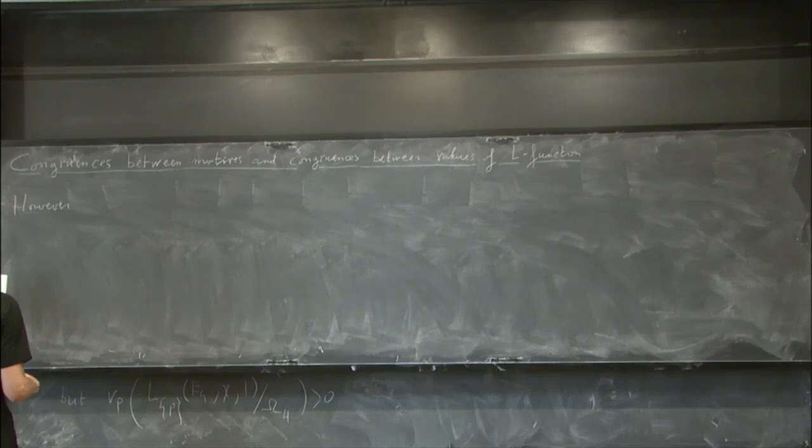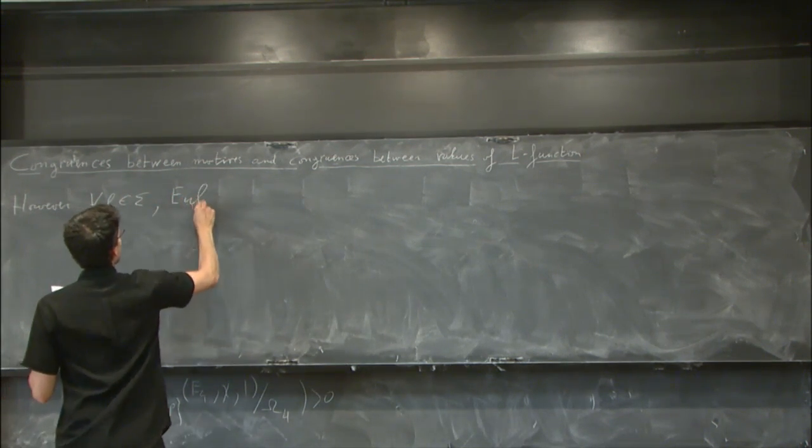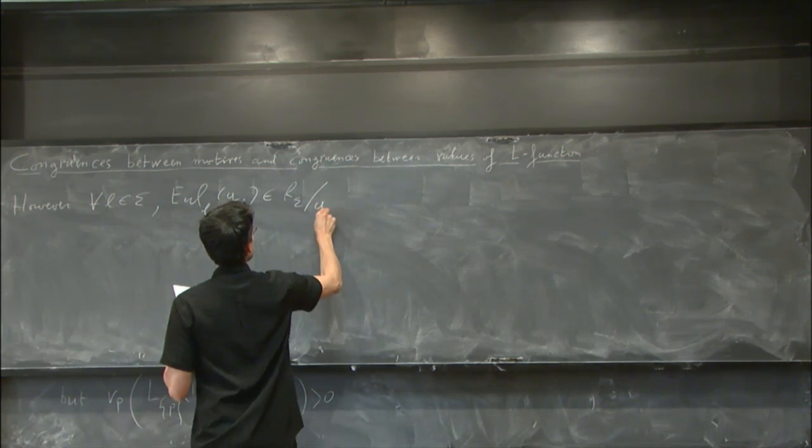However, for all l in sigma, the Euler factor at l of A2 is a unit in R sigma over A2.